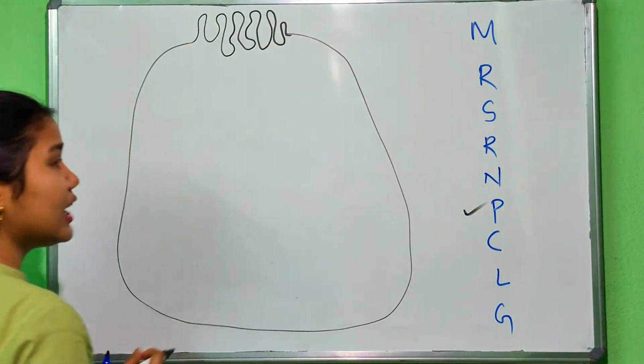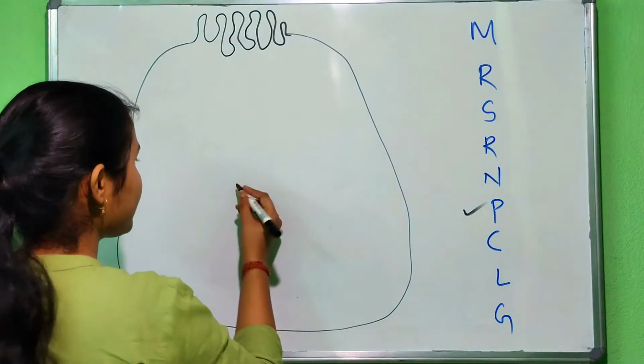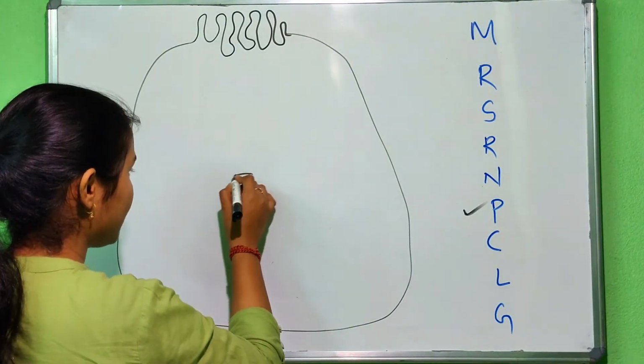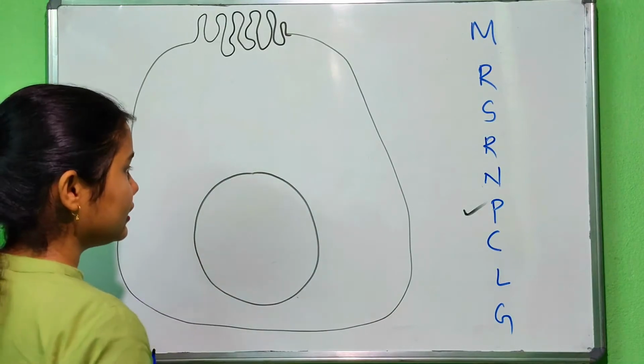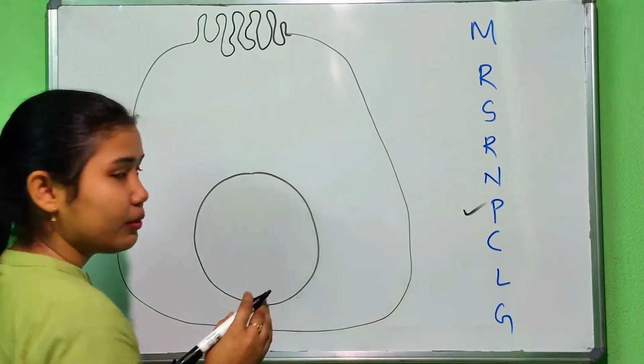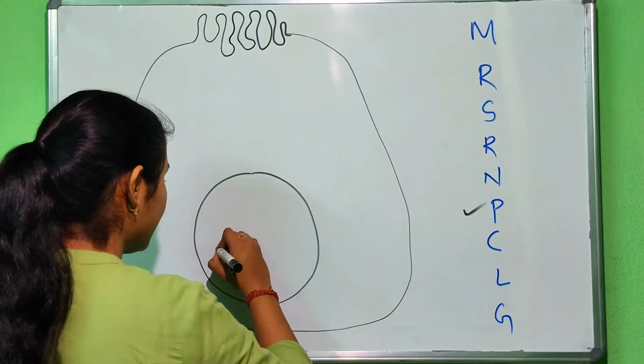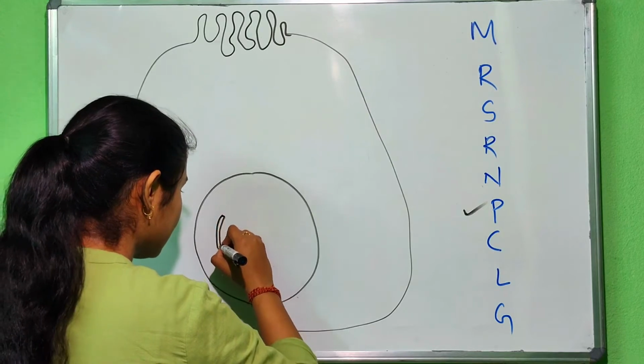Now let's come to the nucleus part. Okay, so let's draw the outline of the nucleus. This is the nucleus. Now we will draw the membranes, the nuclear membranes.